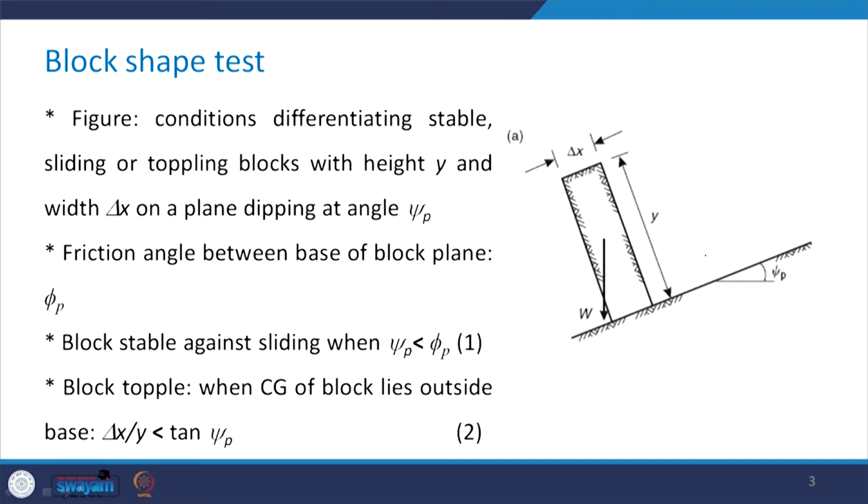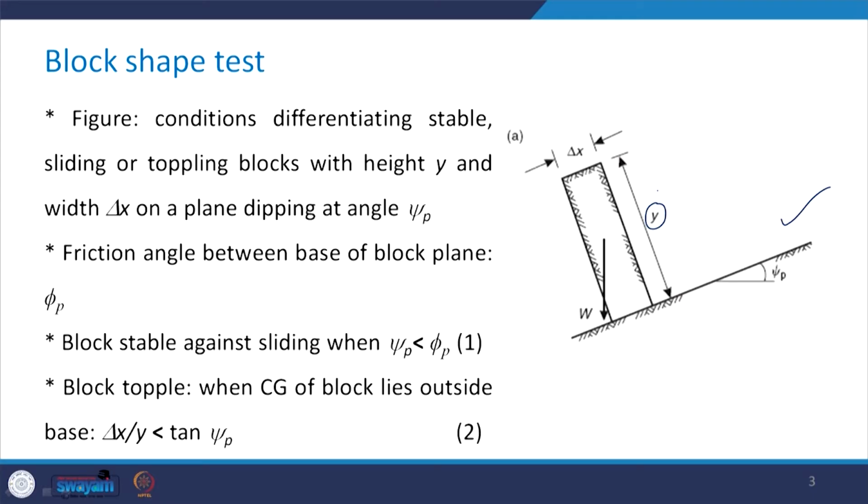So, you see here a figure. This figure gives us the conditions which differentiate between stable, sliding or toppling blocks, with the height of the block as y and width as delta x, on a plane which is dipping at an angle of psi p.